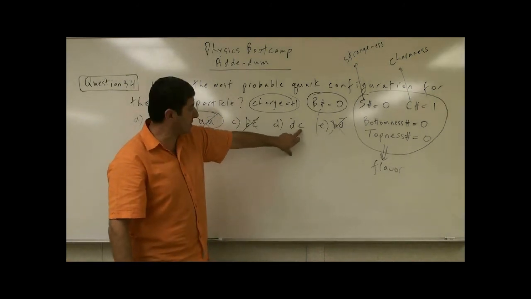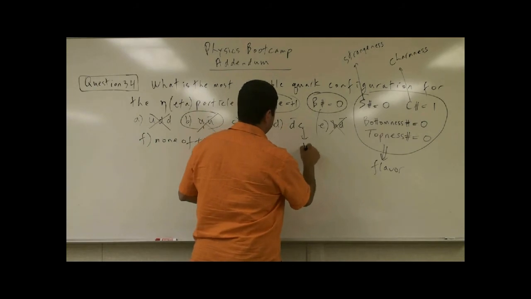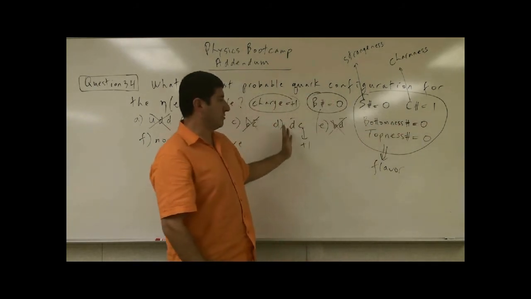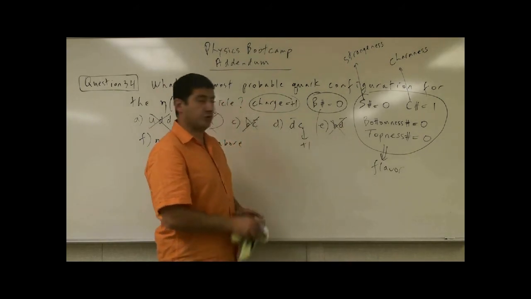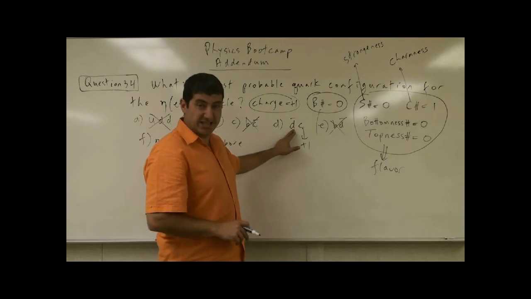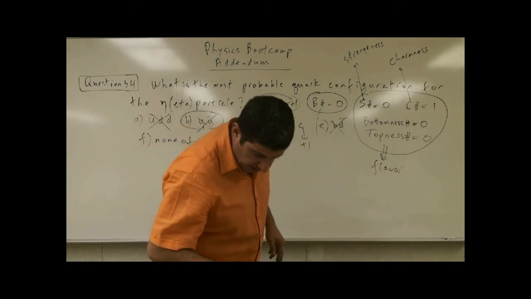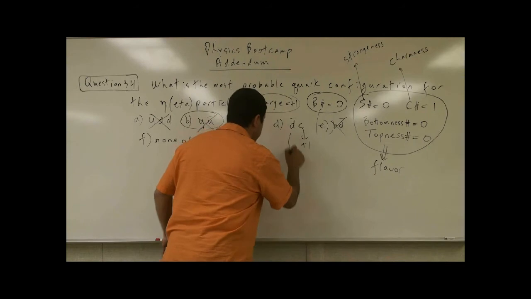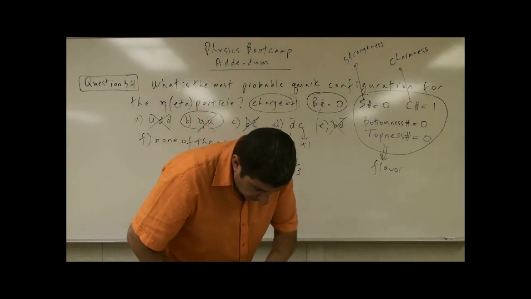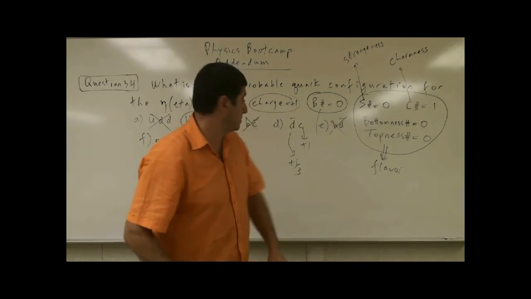The charmness property of the charmed quark is +1, so it meets this. The strangeness is 0, bottomness is 0, topness is 0. The only thing else we have to check is the charge, right? The charge of the anti-down is +1/3. The charge of the charmed quark is +2/3.